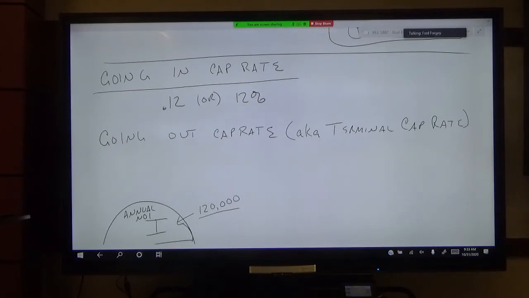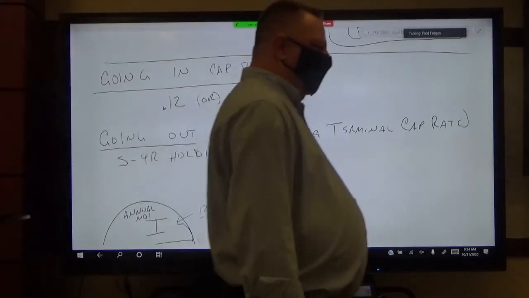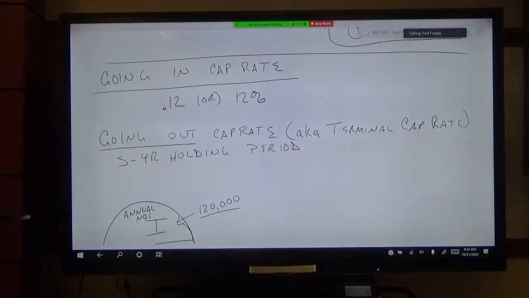So, if you have a 5-year holding period, based on what I just said, what year of income are you going to use for the going-out cap rate?